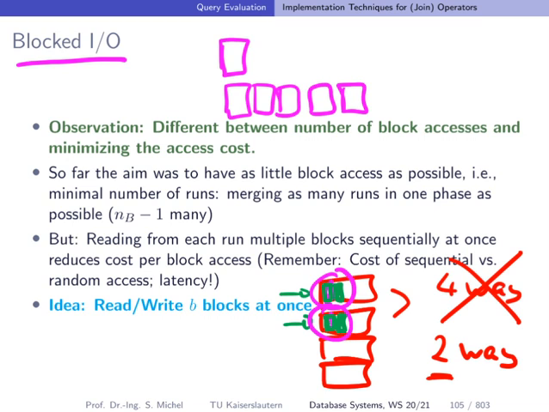Because anyway, we always talk about blocks, but here we talk about blocks of blocks, so multiple blocks sequentially, right? This is only the name from literature, but perhaps it would be better to call it chunked I/O, because you're reading sequential chunks, to benefit from the fast sequential read compared to reading only single blocks.